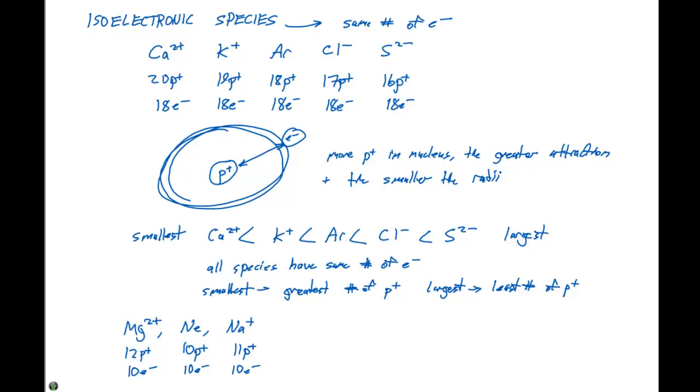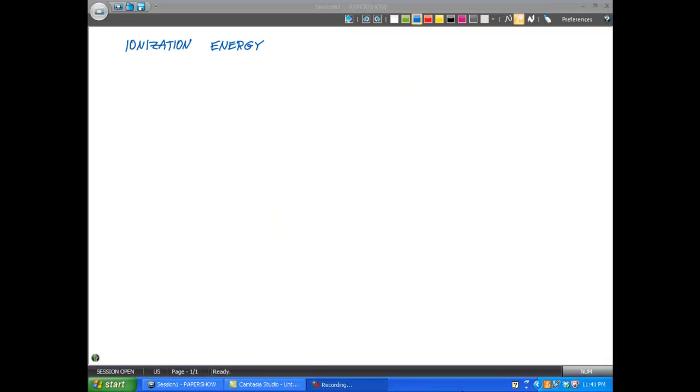So we see that this is an isoelectronic series where each of these have 10 electrons. So the smallest is going to be the species with the most number of protons, which is magnesium 2+. Second is sodium plus, and the largest is going to be neon. So this is how we would investigate and analyze isoelectronic species and put them in order of the radii.